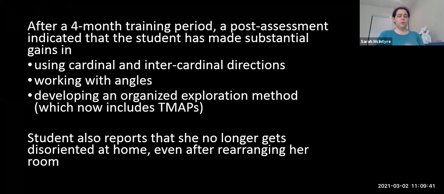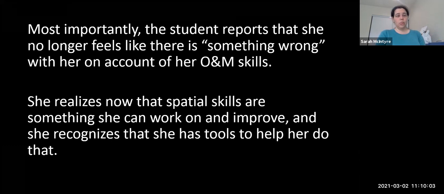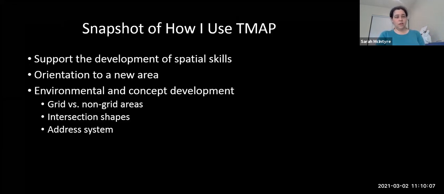And also, the most important thing, she's no longer getting disoriented at home, even after she rearranged her room. And the other thing is that she actually expressed to me, I don't feel like there's something wrong with me. I just know spatial awareness is something I have to work on. But that gain in her self-confidence was huge. So next slide, please. And next slide, please.